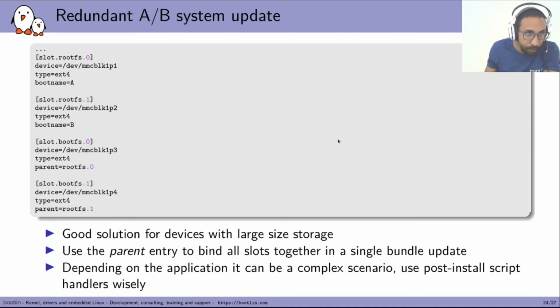Now with the redundant asymmetric system update, some little things to note here is the use of the parent property in the slot sections. So we saw that there are a lot of options that can be used in the manifest file to customize the behavior of the updates.